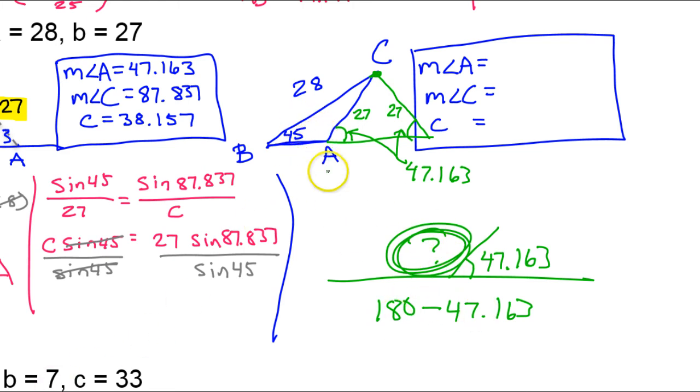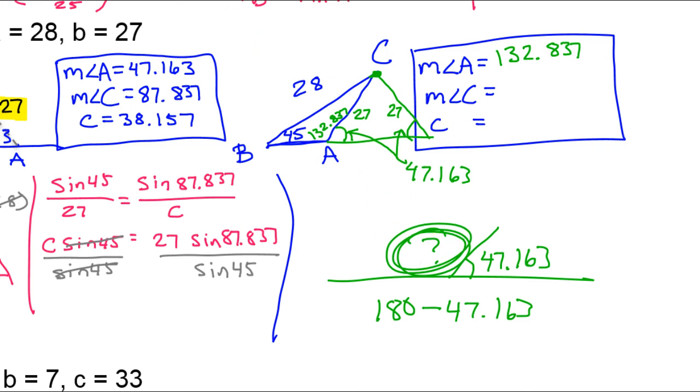Alright, when I subtracted from 180, well, you know what, let me put it right here first. I got 132.837. Alright, now I'm going to try to squeeze it in here. 132.837.